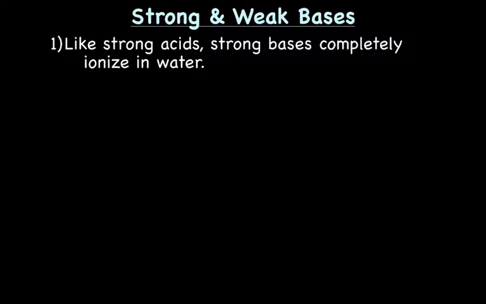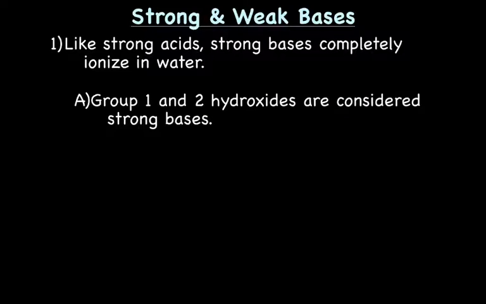Like strong acids, strong bases completely ionize in water. Group 1 and 2 hydroxides are considered strong bases. So that means hydroxide, remember, is OH, and group 1 would be like lithium, sodium, potassium.